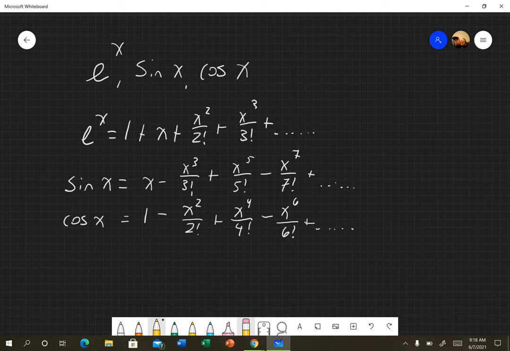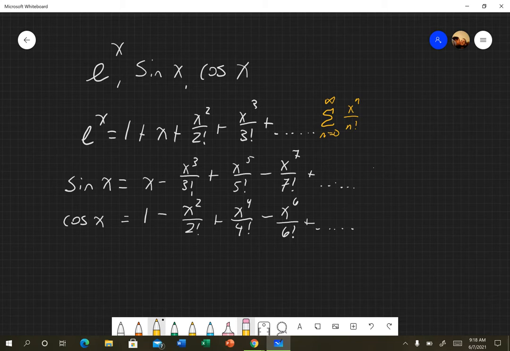We have e to the x, which is 1 plus x plus x squared over 2 factorial plus x cubed over 3 factorial plus yada, yada, yada. And this is the summation of n equals 0 to infinity of x to the n over n factorial. And then we have sine x, which is x minus x cubed over 3 factorial plus x to the fifth over 5 factorial minus x to the seventh over 7 factorial, and so on and so forth.